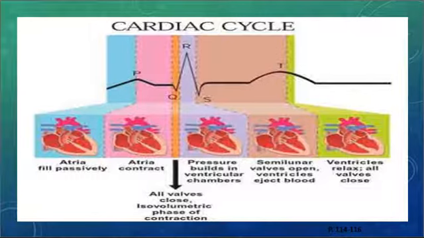When the atrium contracts, the blood goes into the ventricles to fill them. Those valves close, and when both ventricles contract, your aortic valve and pulmonic valve open, pulmonic going into the pulmonary blood flow, aortic going to the systemic blood flow, and the blood pumps out.